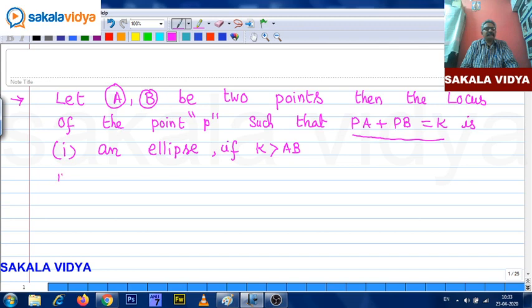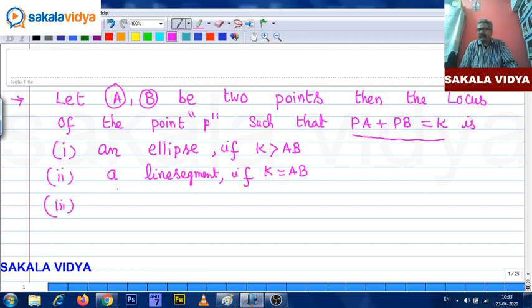Second point, a line segment. When does it represent a line segment? If k equals AB. So, it represents an empty set, nothing, an empty set, if k less than AB.